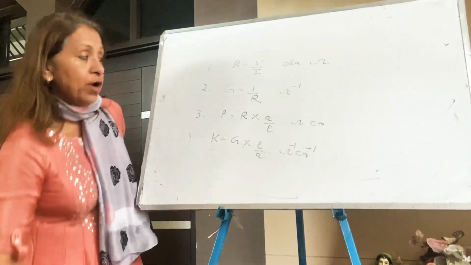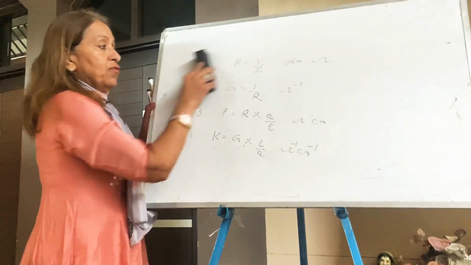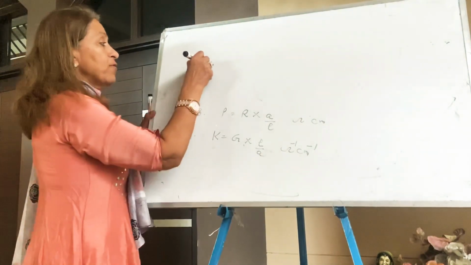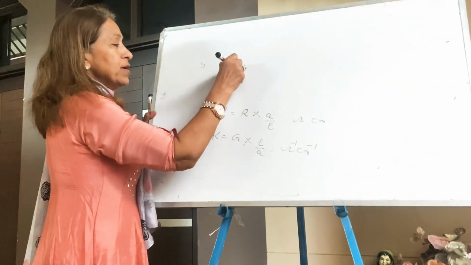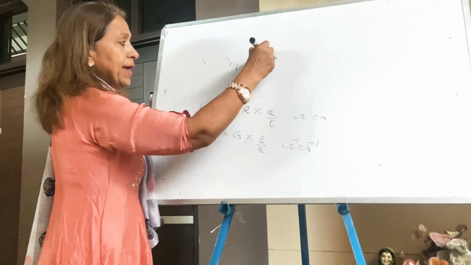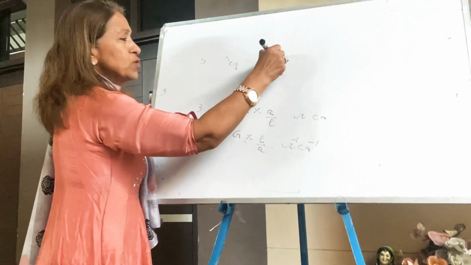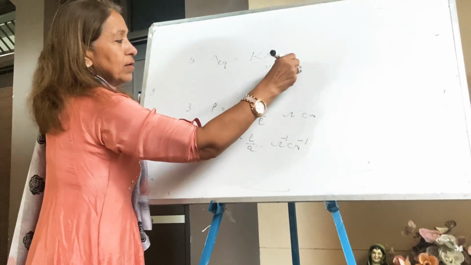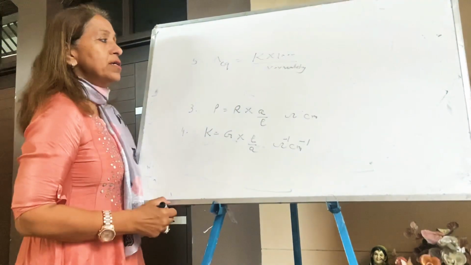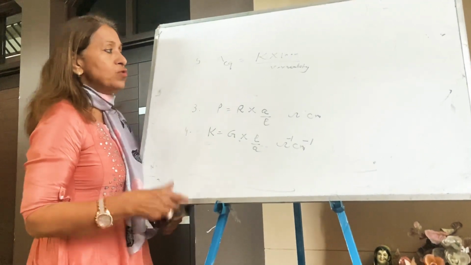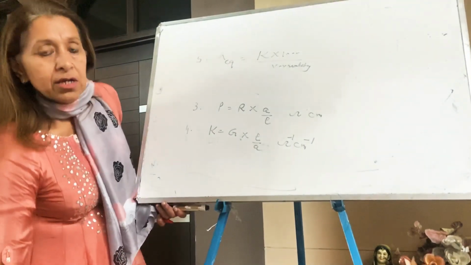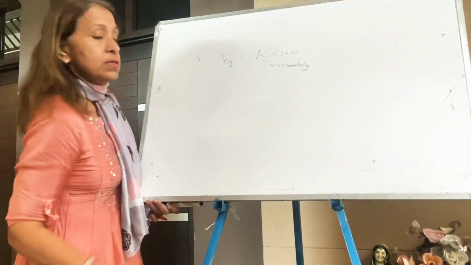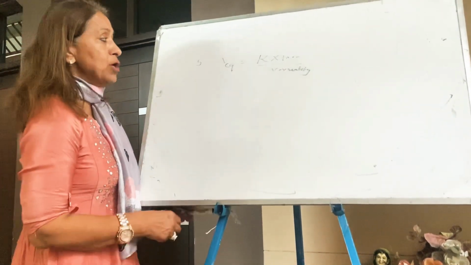Now the fifth formula is equivalent conductance. Number 5: equivalent conductance is equal to K into 1000 by normality. Write down the unit: per ohm centimeter square per gram equivalent.